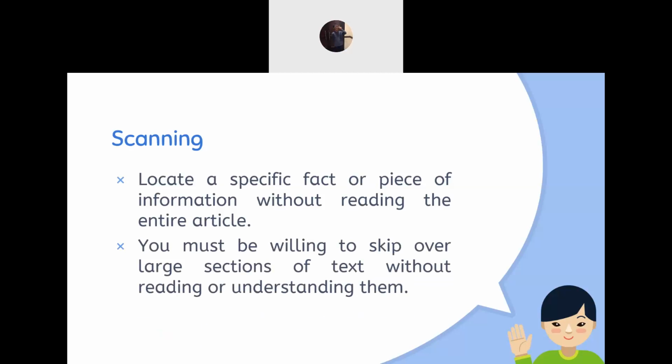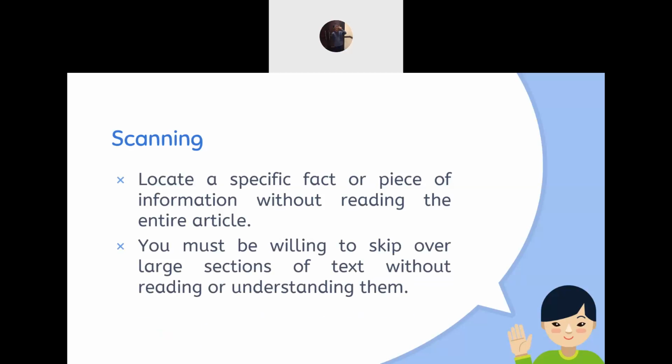Sometimes you must be willing to skip over large sections of the text without reading or understanding them. You just need to locate some specific information. For example, if the question is asking you about the character Mary, maybe you just focus on the part of the story where they talk about Mary.